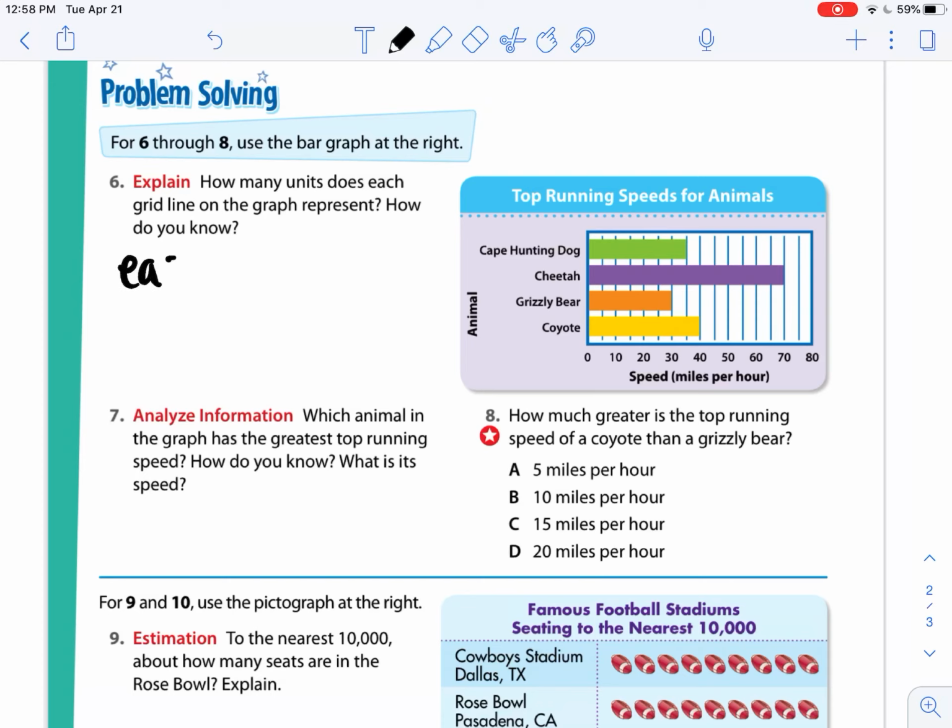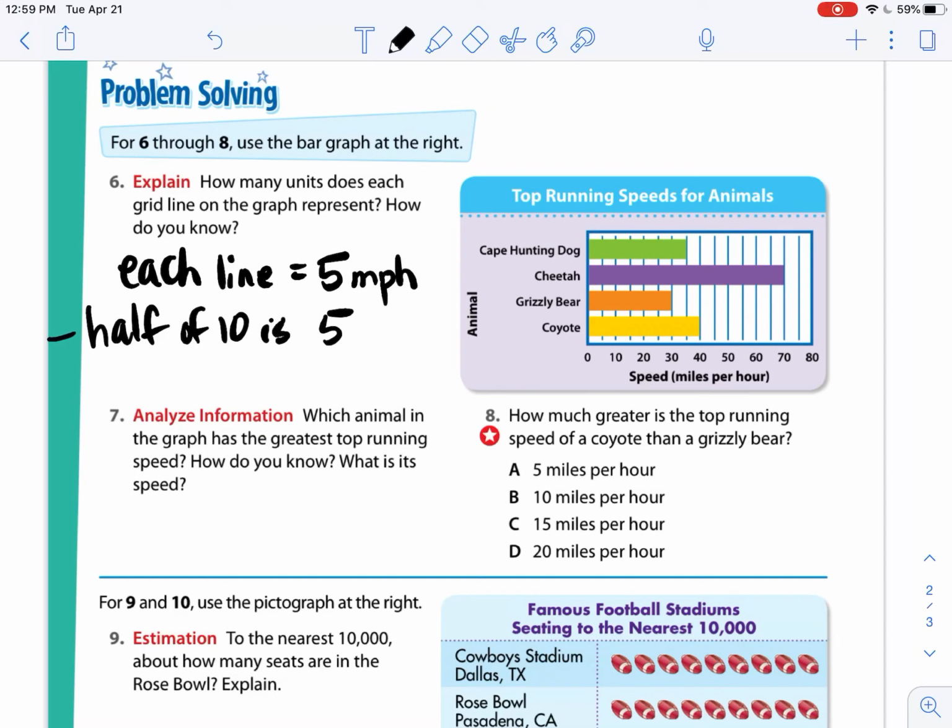So each line equals 5 miles per hour, actually, according to what's down here. And how do I know? Well, because half of 10 is 5. And that's how I know.